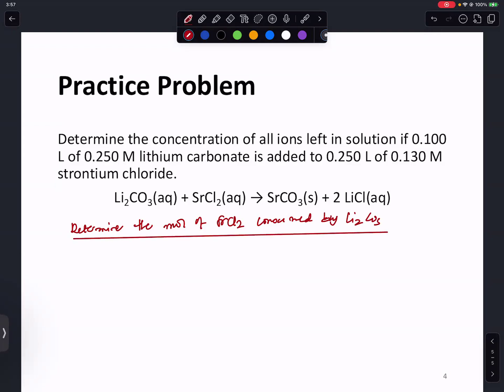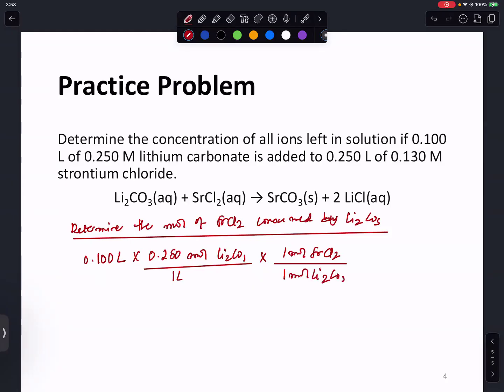So in this case, we're starting with the lithium carbonate. I can say 0.100 liters times 0.250 moles of lithium carbonate in 1 liter, times, for every 1 mole of strontium chloride consumed, we have also 1 mole of lithium carbonate consumed.